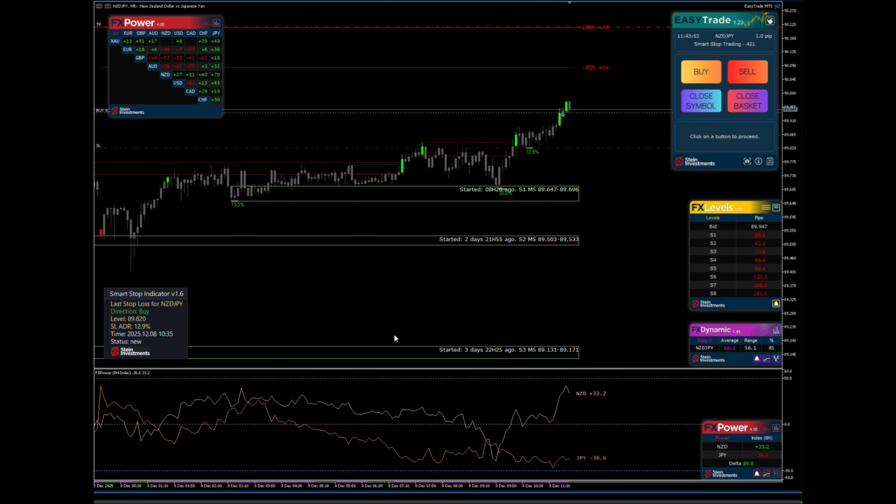If there is any support or resistance inside or in the way of your trade, then you might avoid it. And if there is free space, as in this example, just execute it, place your stop as shown by the Smart Stop indicator, and then the Smart Stop manager will overtake and will do the rest for you.